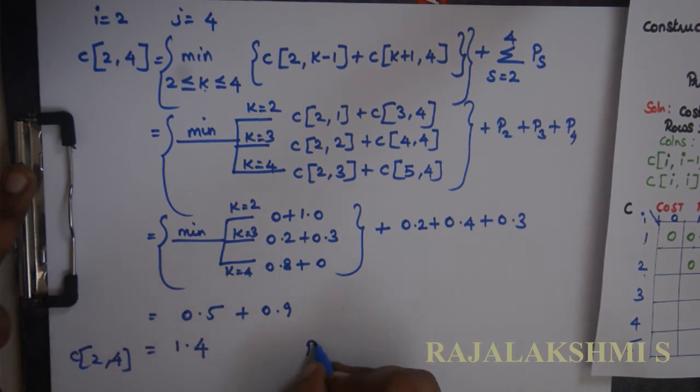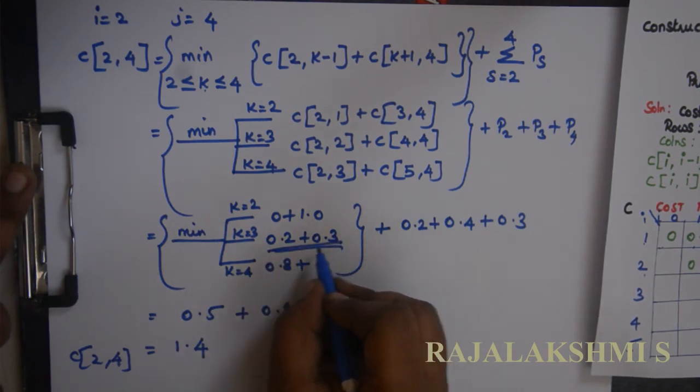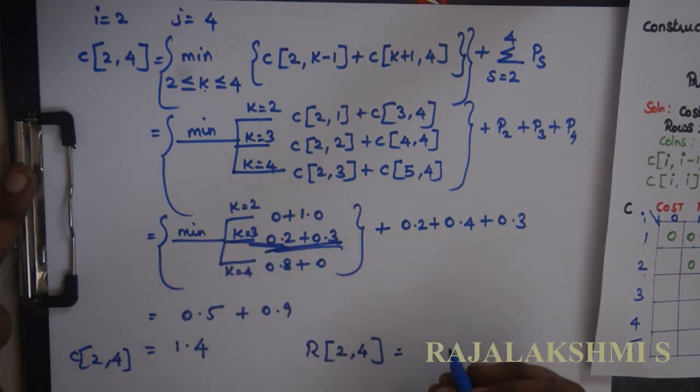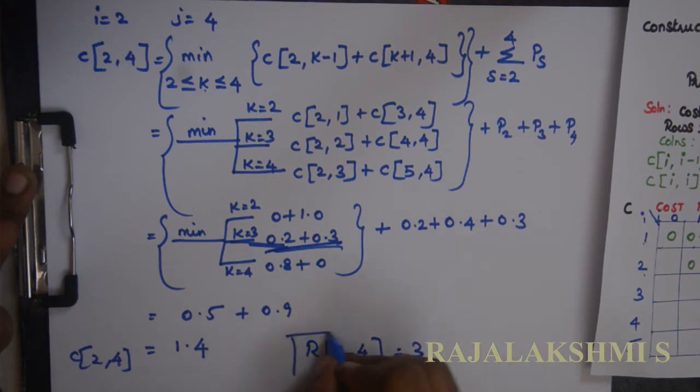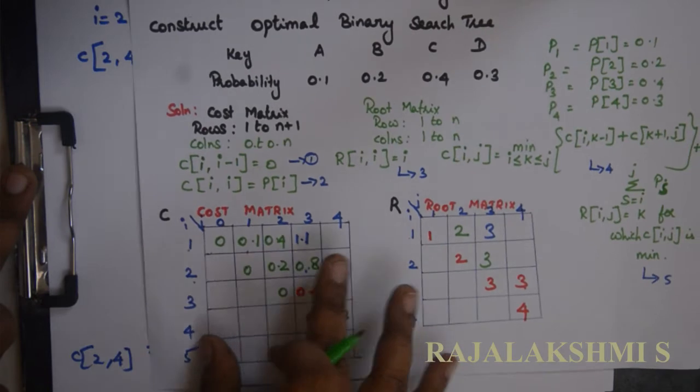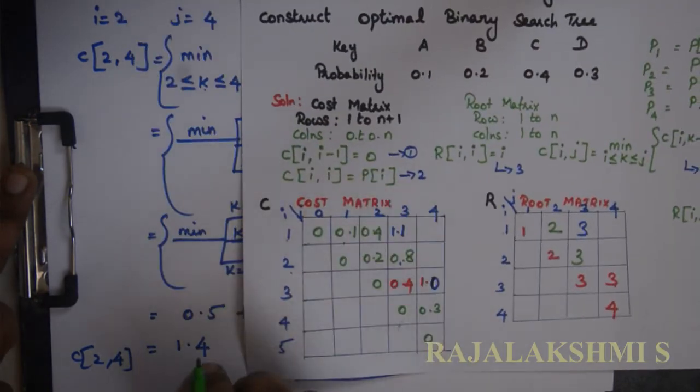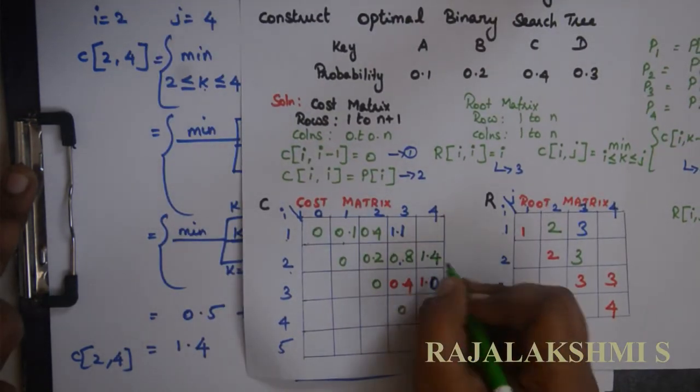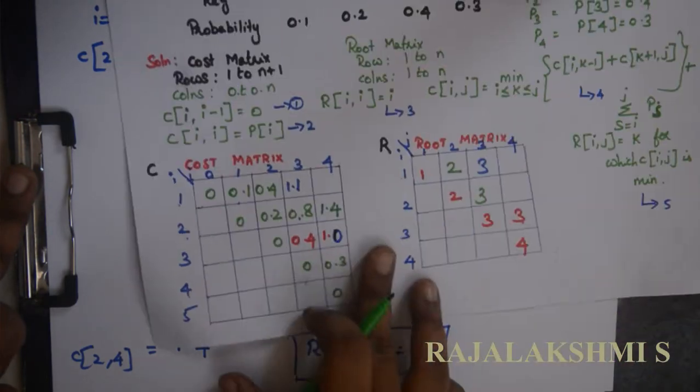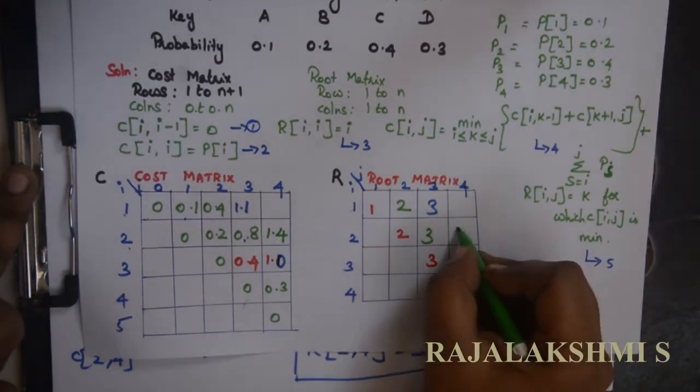So now at what value of k is this C of 2 comma 4 minimum? At k equal to 3 we are having the minimum, right? So R of 2 comma 4 is equal to 3. So now we will fill these two values in the table. C of 2 comma 4 is 1.4, and R of 2 comma 4 is equal to 3.